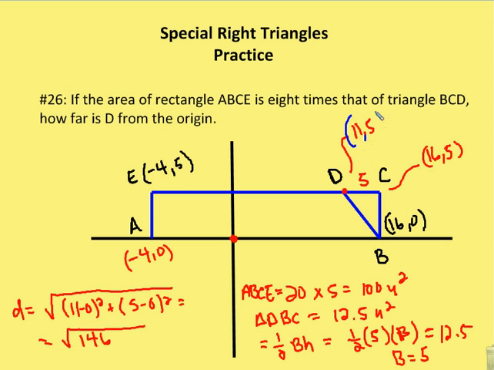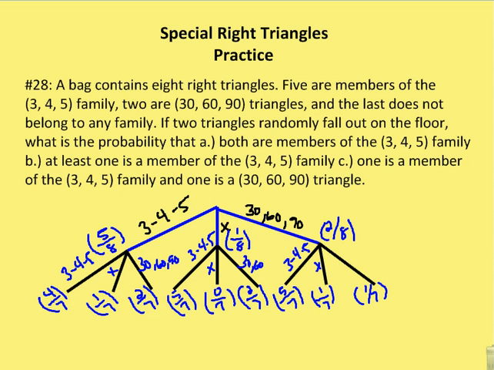This is not a decimal, it's 11, 5. The y coordinate stays the same, and the x coordinate shifts to the left 5 units. All right, so if 11, 5 is the coordinate, now I can figure out the distance from the origin to D. I simply use the distance formula: 11 minus 0 squared plus 5 minus 0 squared is equal to the square root of 146, and that is my answer. All right, last set of questions.